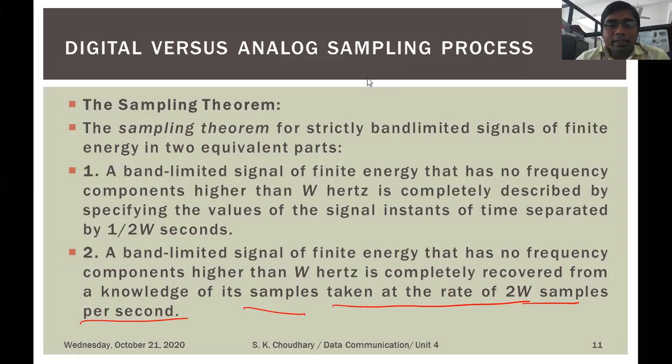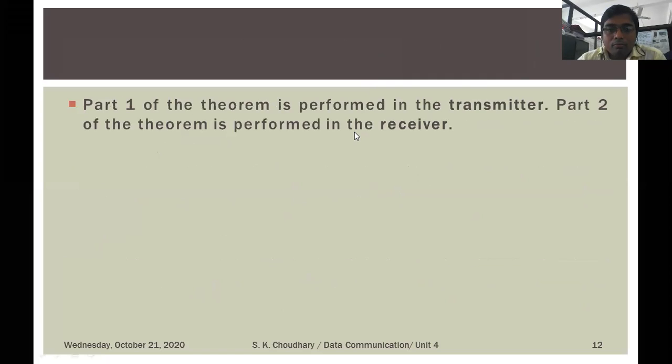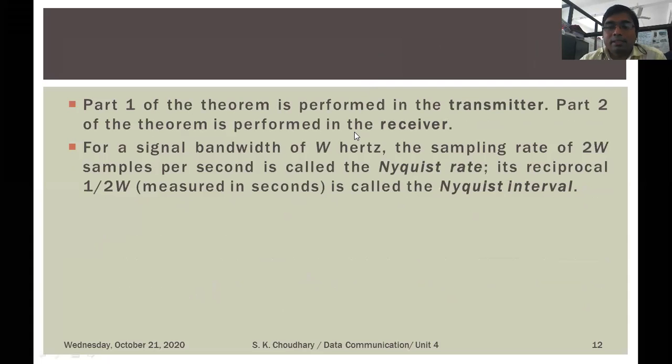So these are the two statements of the sampling theorem that will guide us for further evolution of signal representation. Part one of this theorem is performed in the transmitter section, and part two is performed in the receiver section.